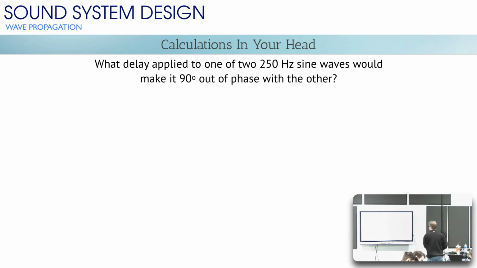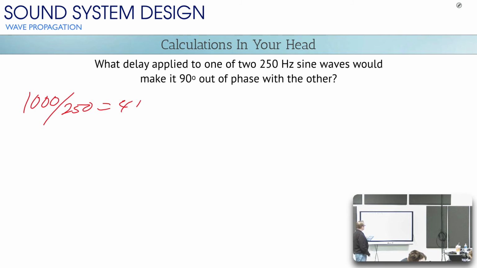Well, I think in order to sort this out, we would first need to know the wavelength of 250 hertz. Just doing this in our head, what's the wavelength of 250 hertz? It'd be 1,000 divided by 250, which is 4 feet, right? So a 4-foot wavelength. All right.